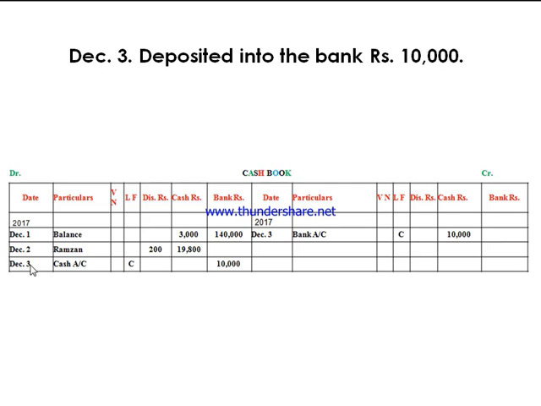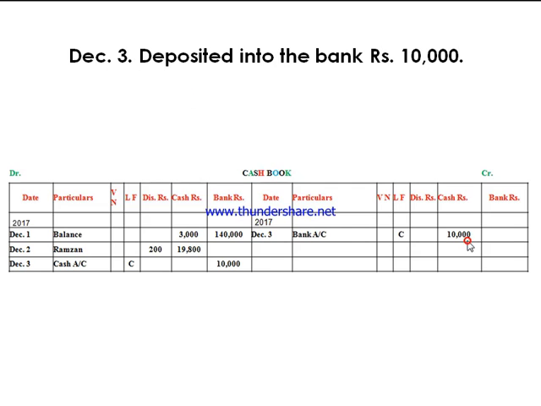So December 3, cash 10,000 in the bank column, because the bank is going to receive the cash in this transaction. So on the receipt side, we will write down 10,000 in the bank column. On the other hand, from the business, rupees 10,000 cash is disposed of, is gone outside, or is paid somewhere.